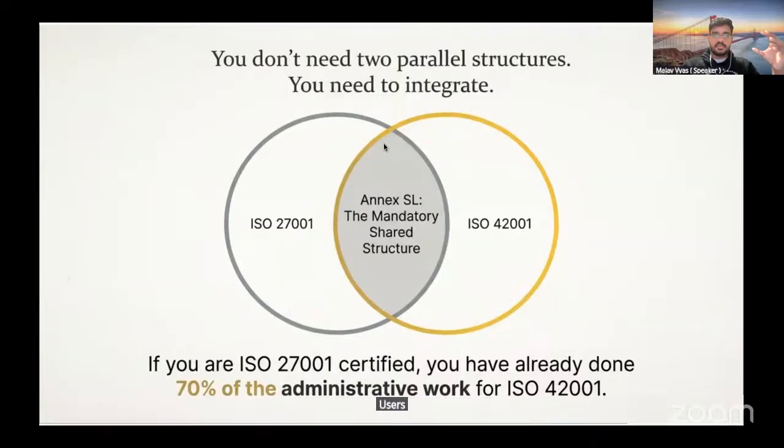You just need to integrate. You can reuse a lot of your work from 27001, management approvals, administrative work, all those things. Once you are certified with 27001, you can use almost 70% of the administrative work for ISO 42001.